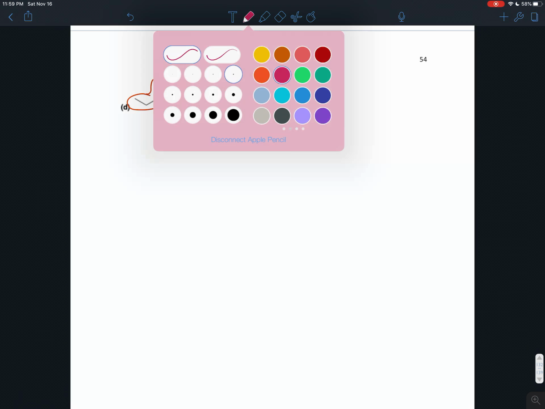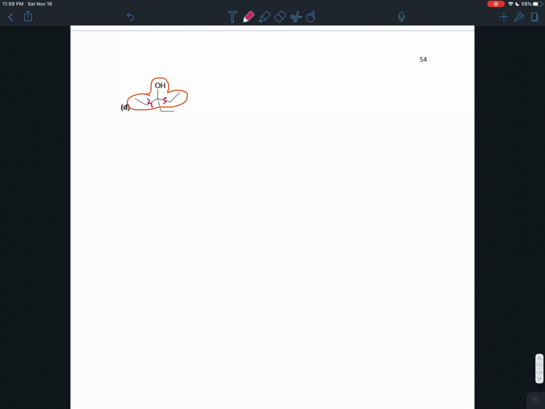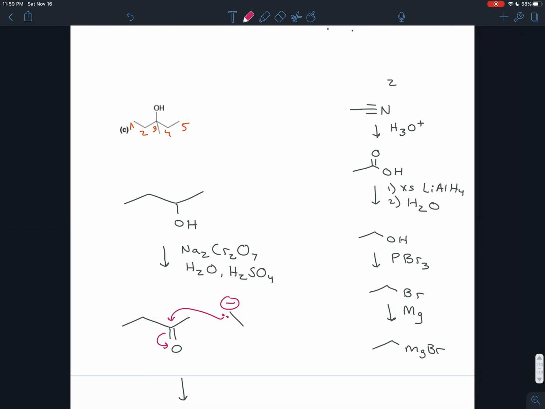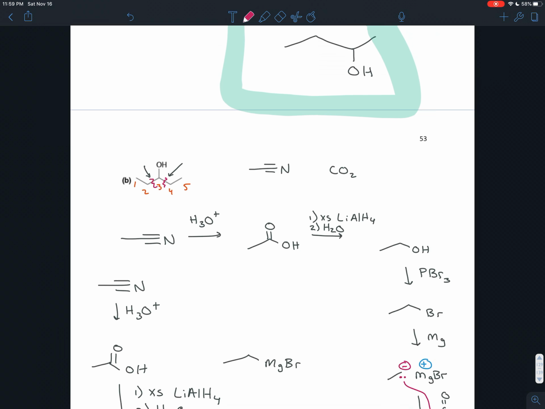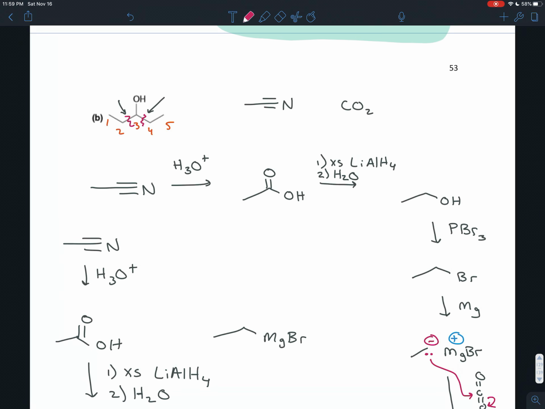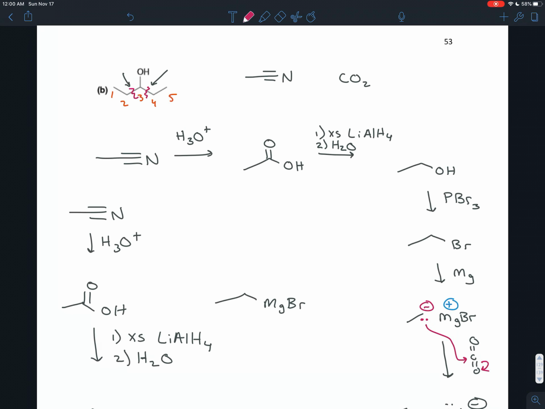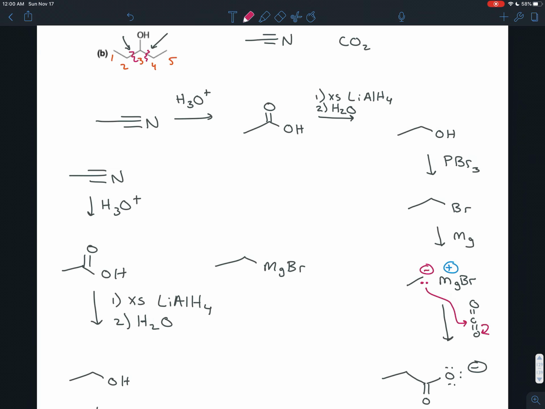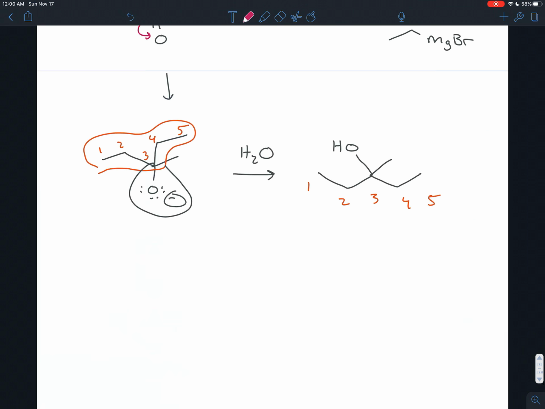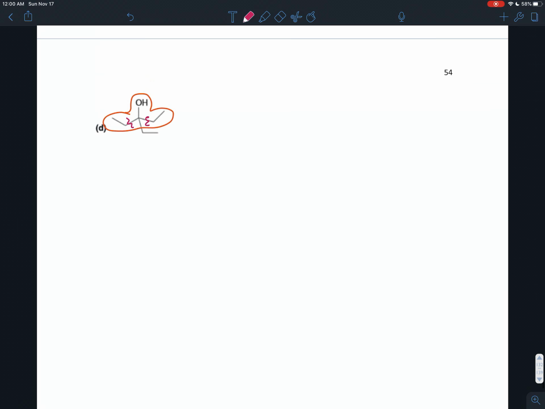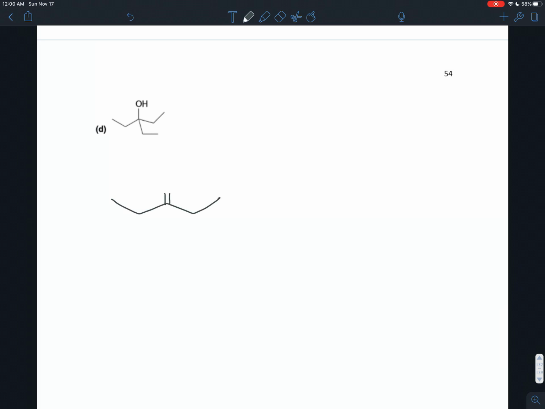And so if we can have no more than 2 at a time, we can cut this up a lot like what we did for B. And actually, if you make B, you go through this whole process, and you make 3-pentanol.